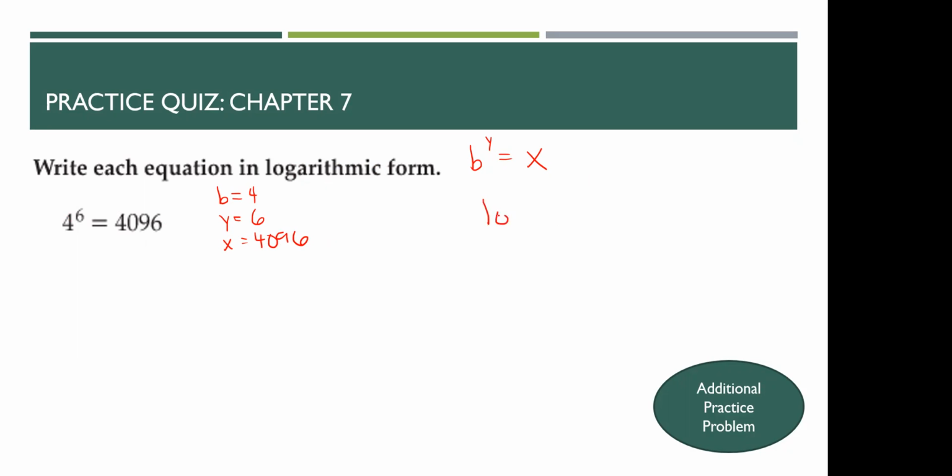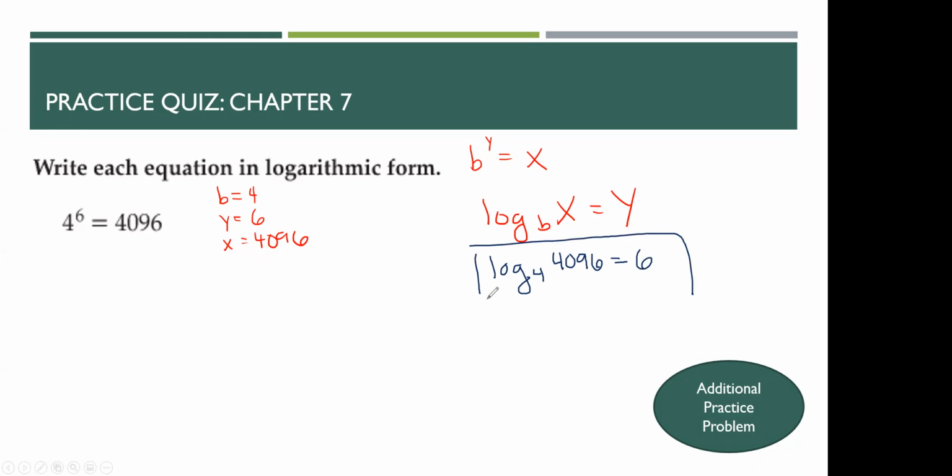We want it in the format log base b of x equals y, so we're going to plug this information into this. So we have log base 4, then we have x, which is 4,096, equals y, and y is 6.